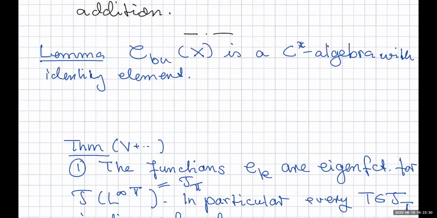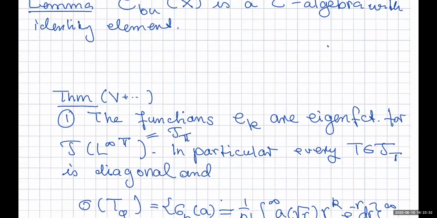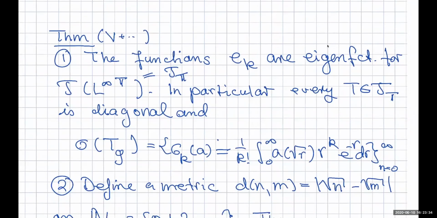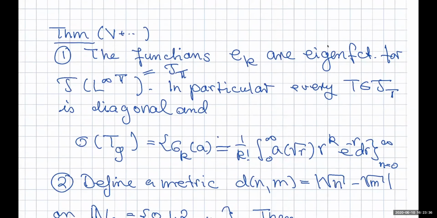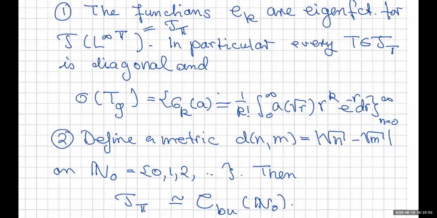And then actually the statement that Nikolai proved, and I think he had a co-author, was that, okay, these functions are eigenfunctions, the C-star algebra is abelian, and we can calculate the spectrum of the operator.